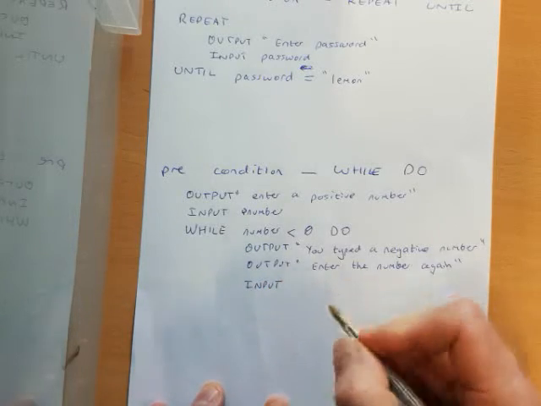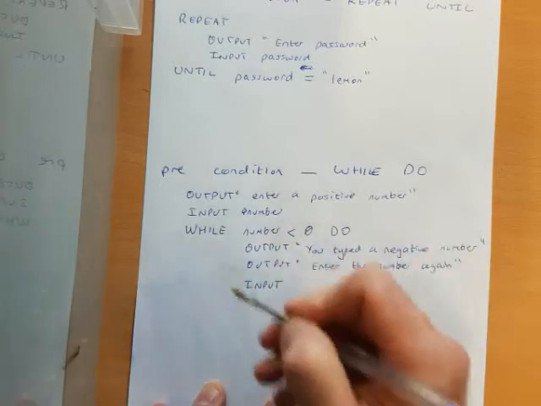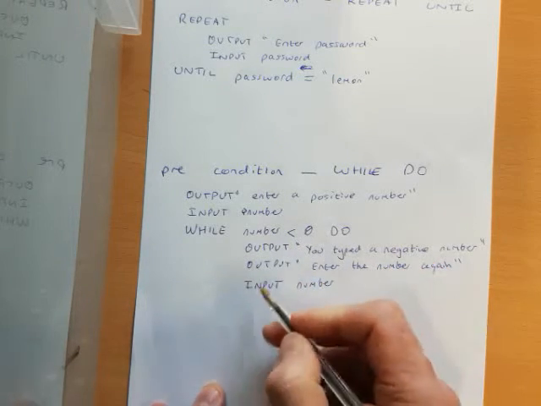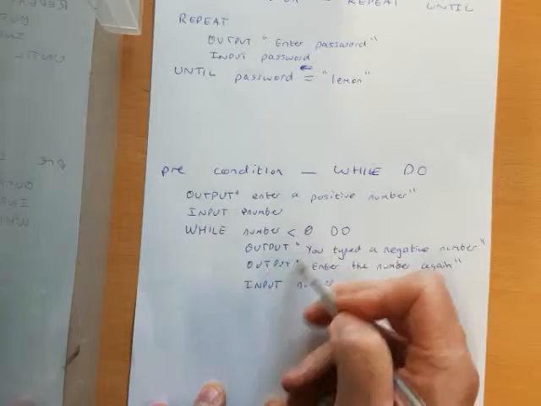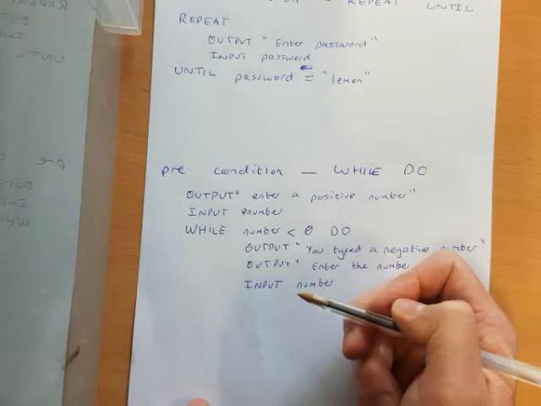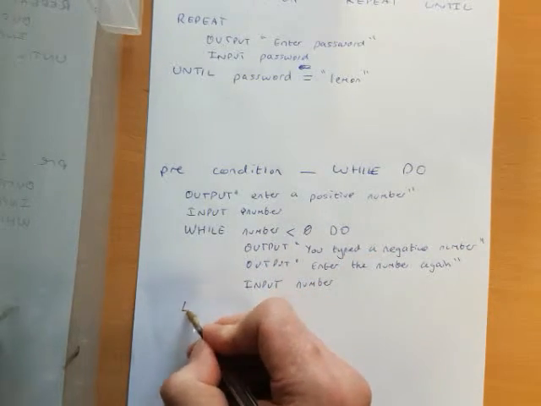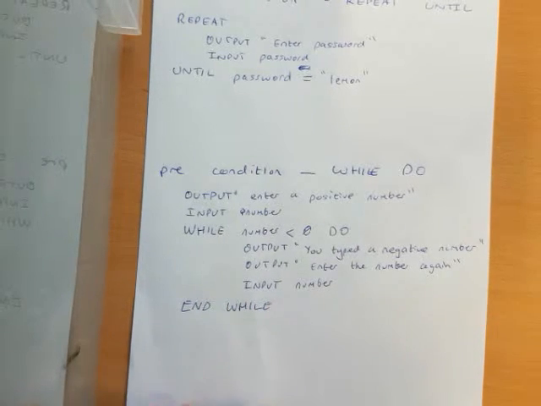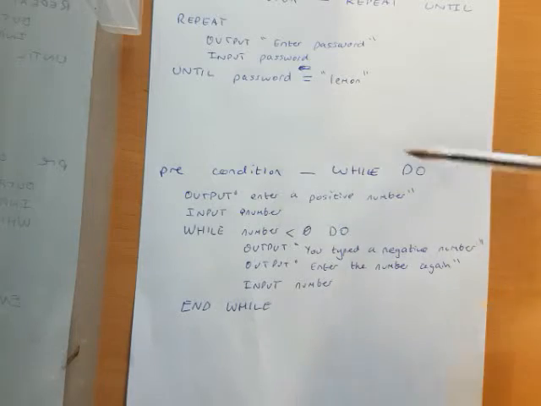So this loop will constantly check as it's going around this variable. So if we didn't put this here, this loop would just go around forever and ever and ever. Okay, so those are all our statements, and then we will put end while.